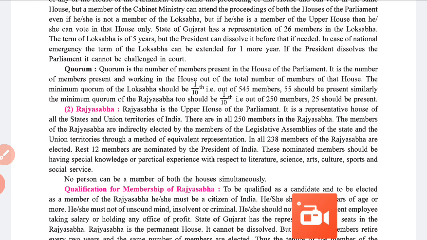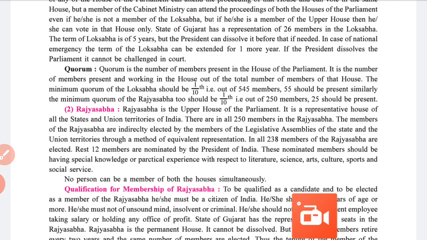Minimum quorum for the Lok Sabha should be 1/10. Means if there are a total of 545 members in Lok Sabha, a minimum of 55 should be present. Same for Rajya Sabha, 1/10. So with 250 total members of Rajya Sabha, 25 should be the minimum quorum.